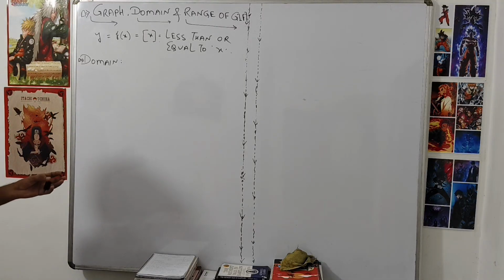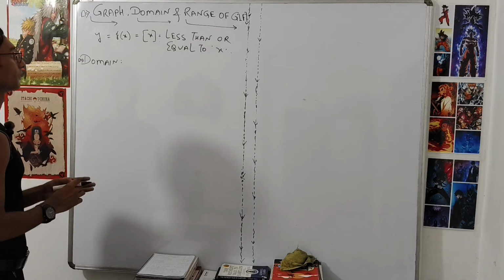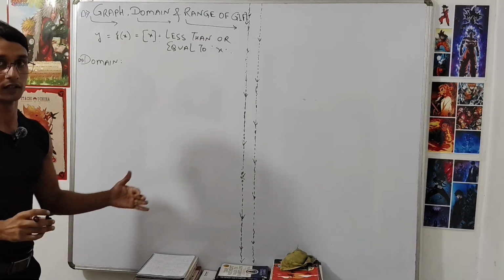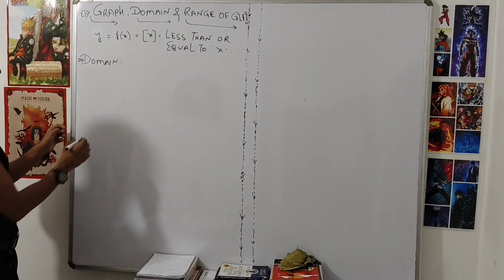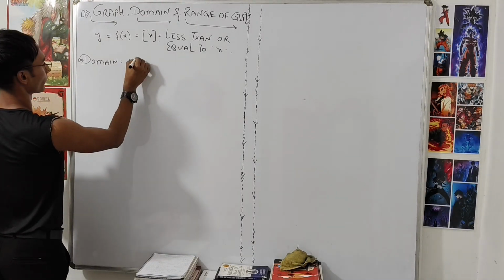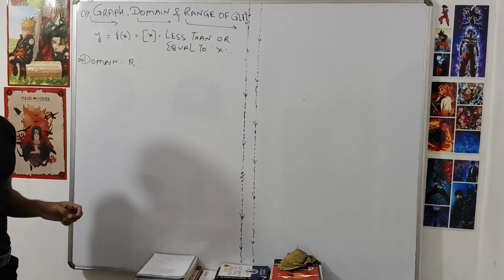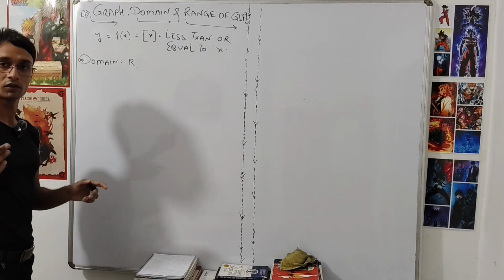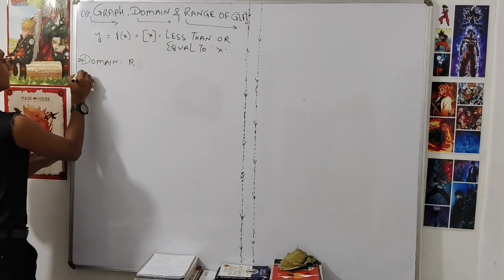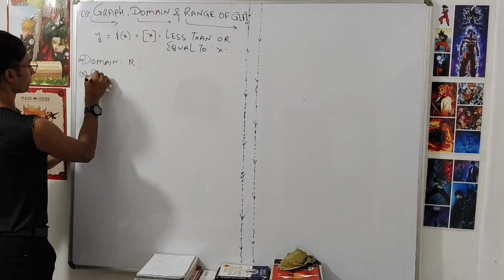we can put any number of values from the real number set. So the domain is simply R, the real number set, that is minus infinity to infinity. And what will be the range here?